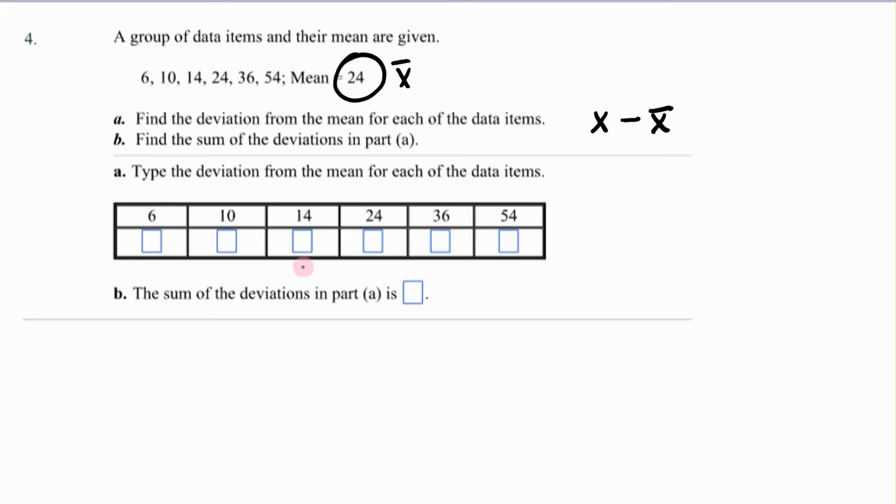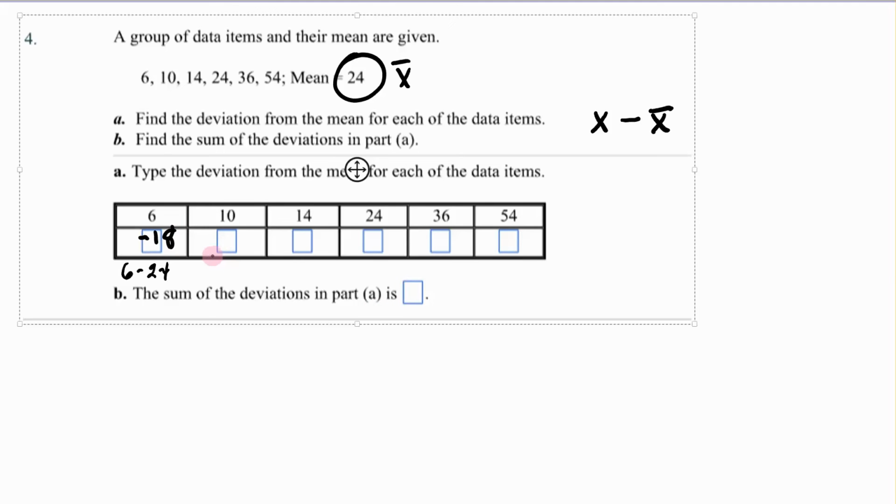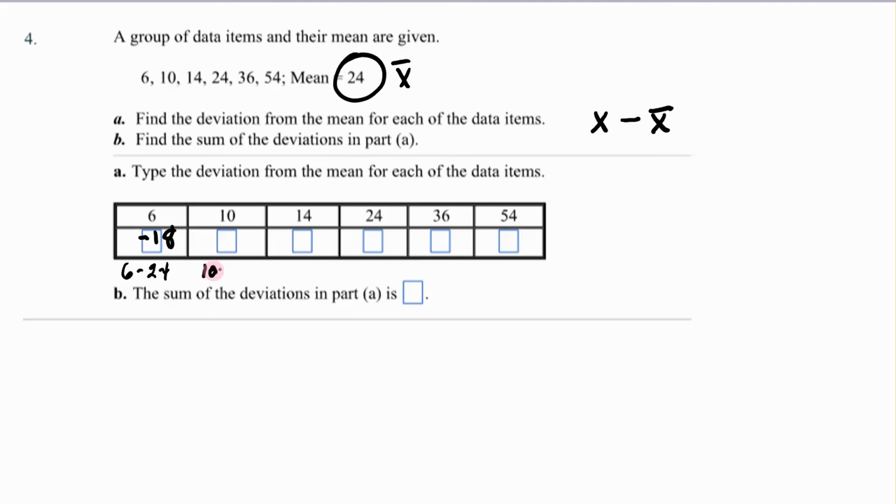All right, we have 6 minus 24, which means we have a deviation of negative 18. Sometimes you will get negative and sometimes you will get positive. For the next one, we have 10 minus 24, which is negative 14. We have 14 minus 24, negative 10.